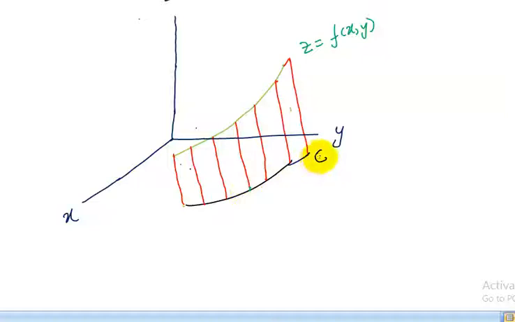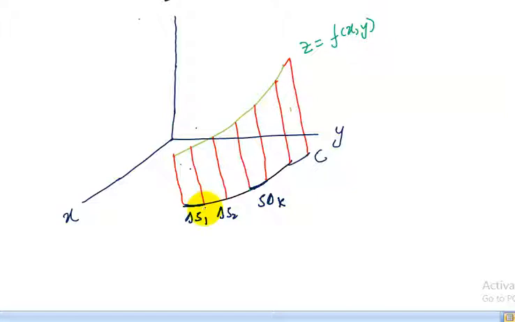Here we subdivide this curve C into n sub-arcs. Suppose the arc length of the first sub-arc is del S1, the second one is del S2, and suppose the arc length of the kth arc is del Sk.